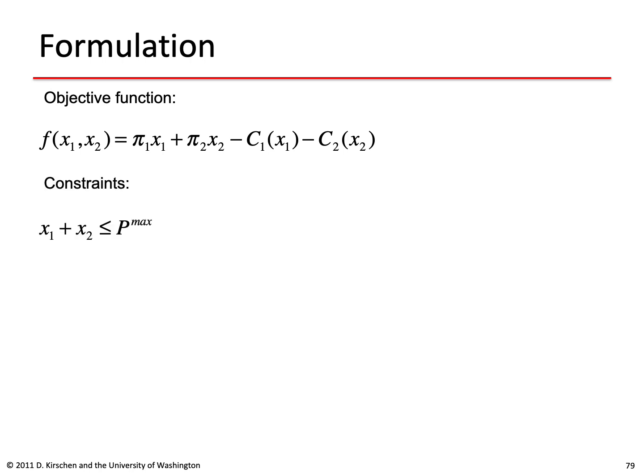We also have constraints. First, that the quantity of energy plus the quantity of reserve must be less or equal than the maximum output of the generating unit. Second, that the amount of energy must be greater or equal than the minimum output of this generating unit. And that the amount of reserve x2 must be less than the maximum reserve that can be provided by a unit.